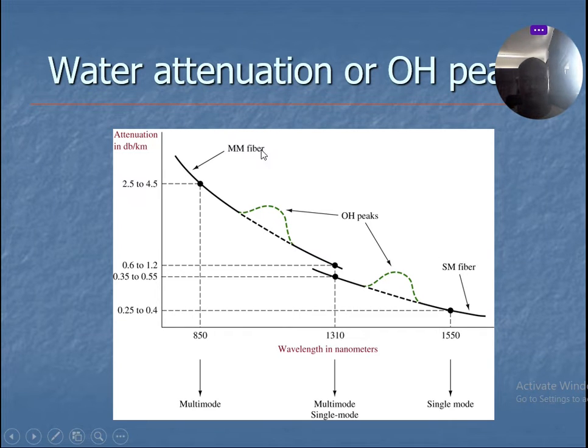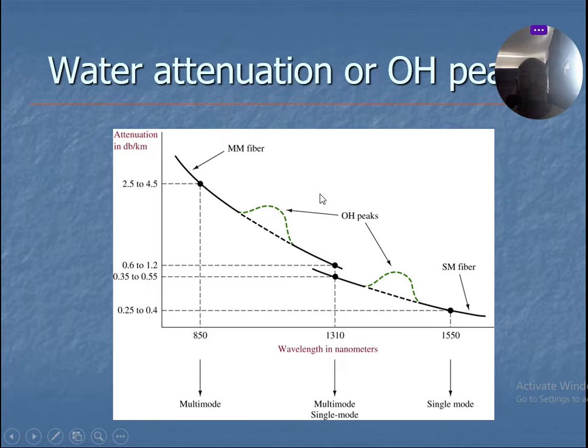Here MM is multi-mode fiber. For multi-mode fiber, they usually have smaller wavelengths. Single mode, the correct ones, they're using about between 1310 to 1550 nanometer wavelength. Okay, so this is what is happening.